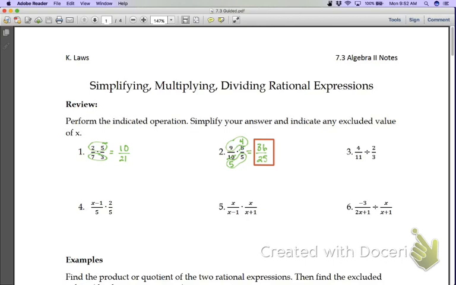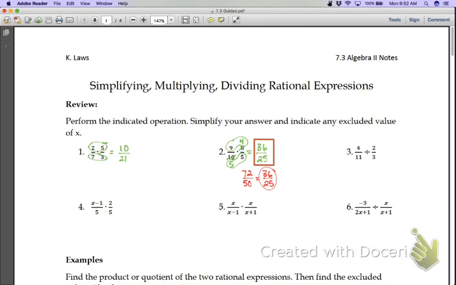I could have gone with 72 over 50, but I can't leave it like that because it's not simplified, and then just turn it into 36 over 25. I'm going to get the same answer, but I think in some cases it's easier to simplify first and then multiply or divide.